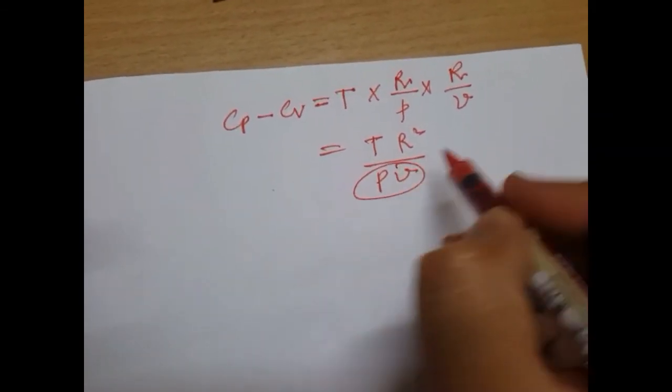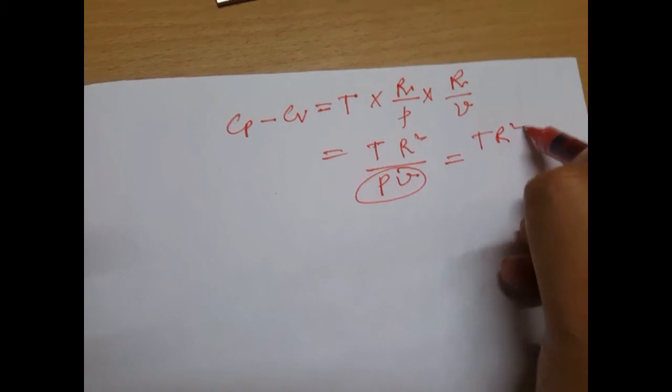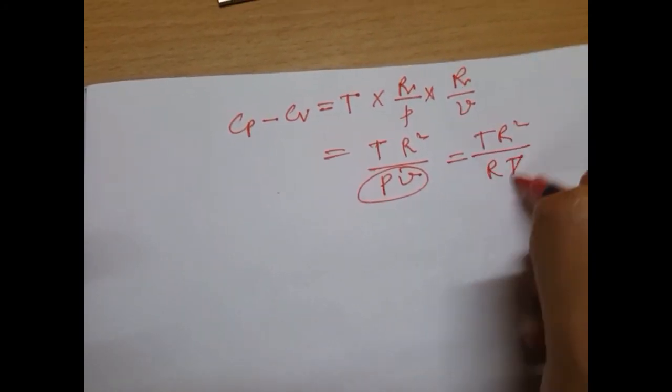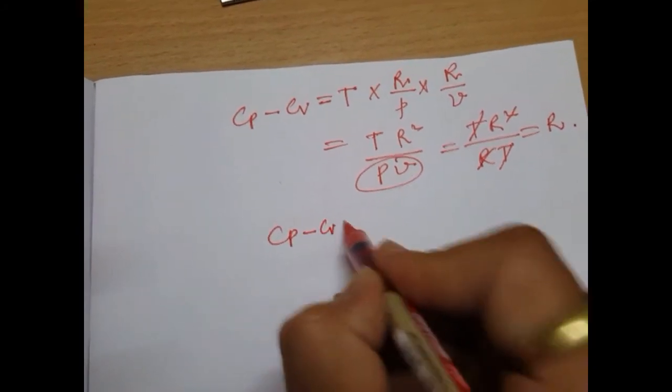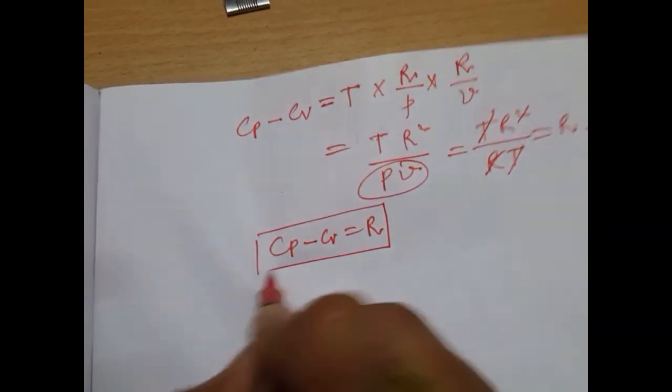And PV for an ideal gas is RT. So this will get cancelled out, and the outcome is R. Hence for an ideal gas, Cp minus Cv is equal to R.